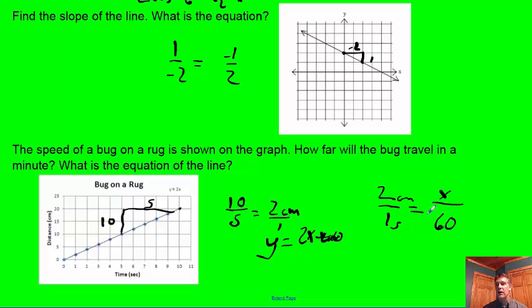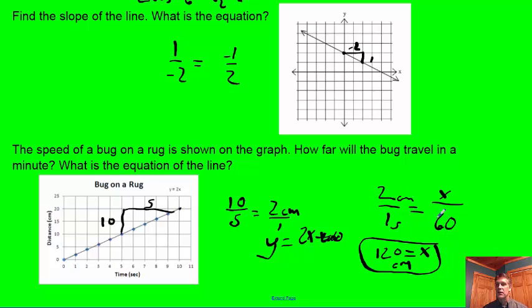And then all you have to do is multiply right here. 2 times 60 divided by 1. 2 times 60, that's 120. Well, if I divide that by 1, that's just the number again. So I'm going to get 120 centimeters. Okay, that's how far he's going to travel in a minute.